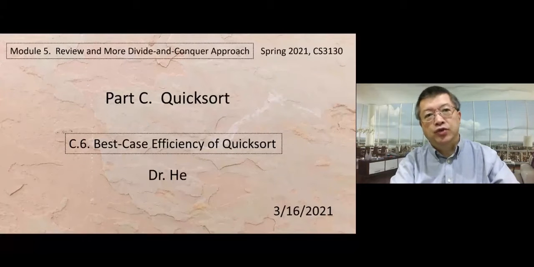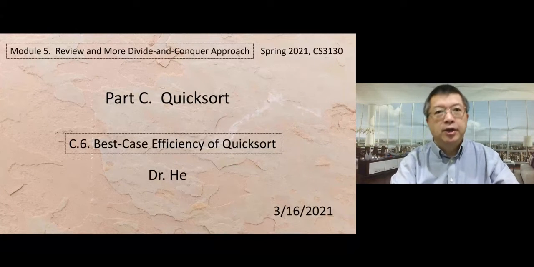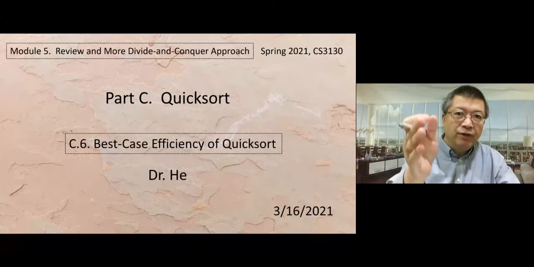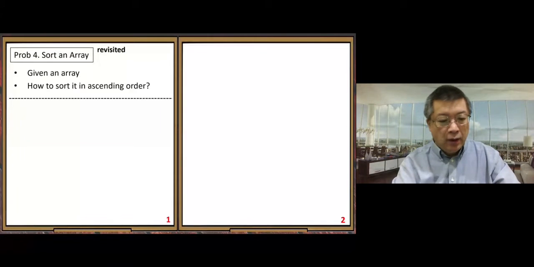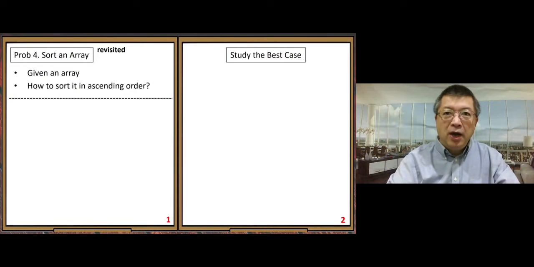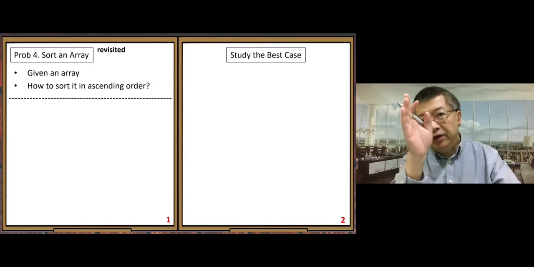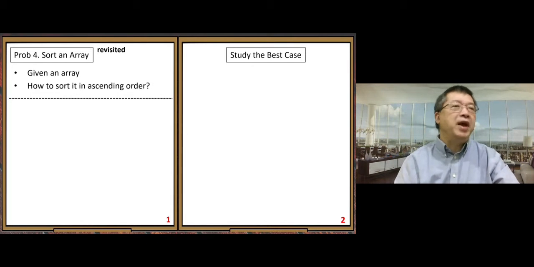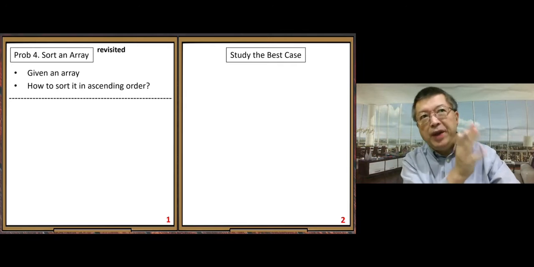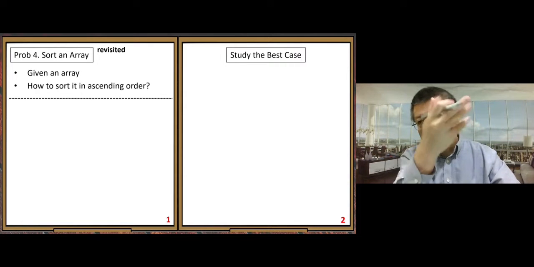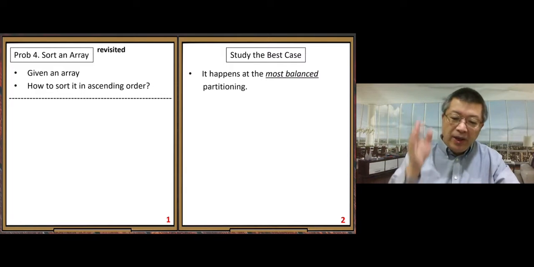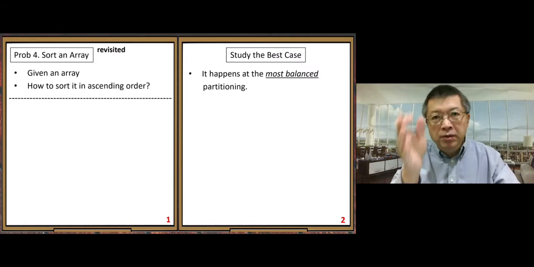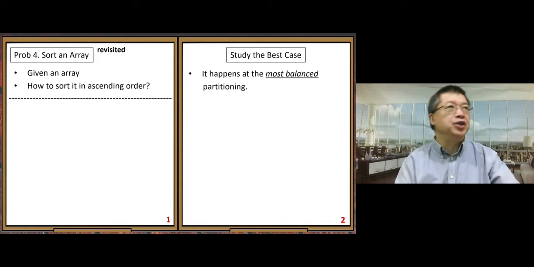For part C, Quicksort. Part C.6, best case efficiency of Quicksort. All right, so this time we know under what situation we have the best case. After our analysis in C.5, we know it happens at the most balanced partitioning.